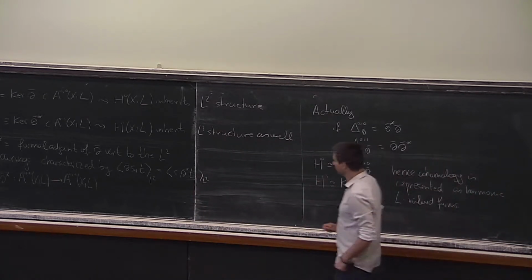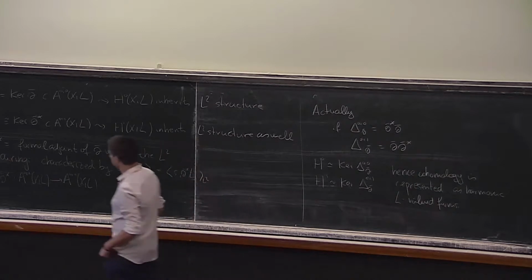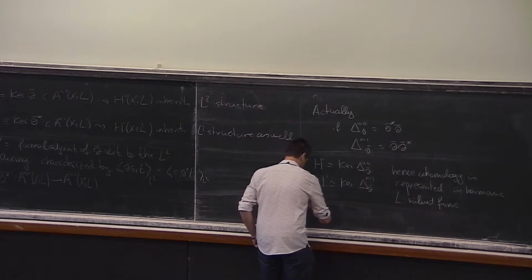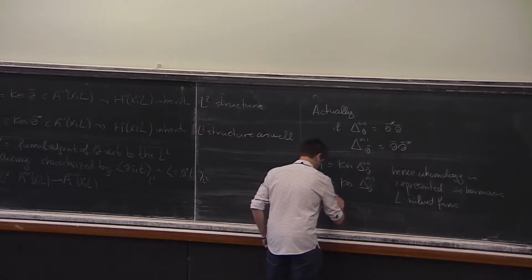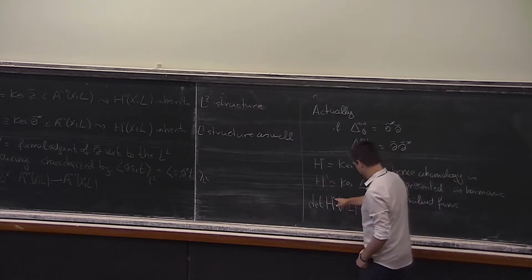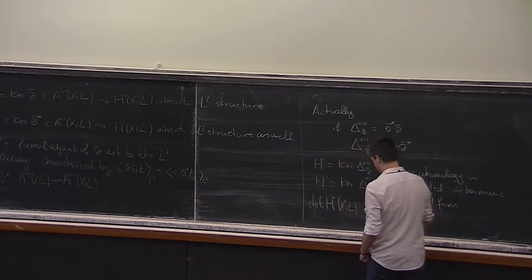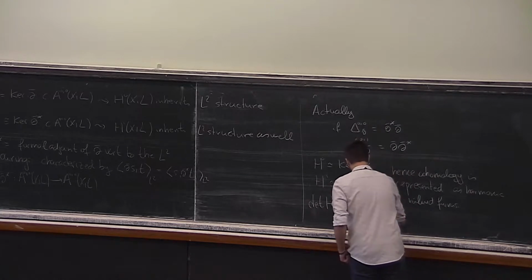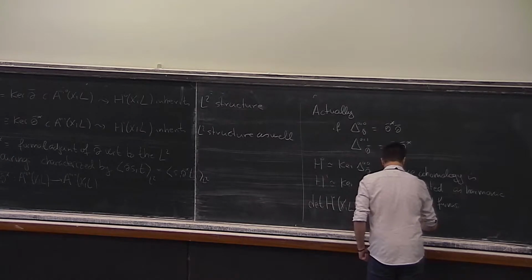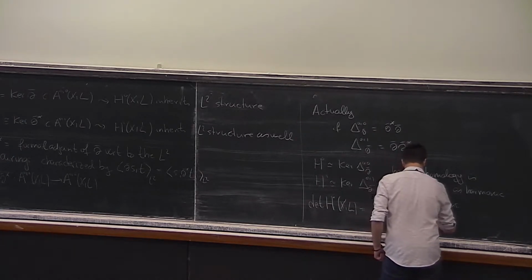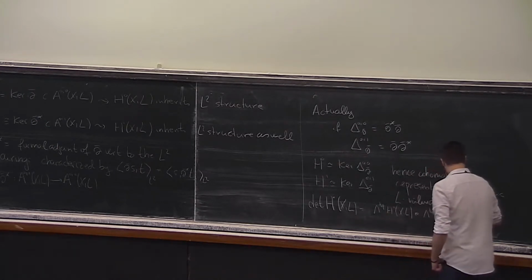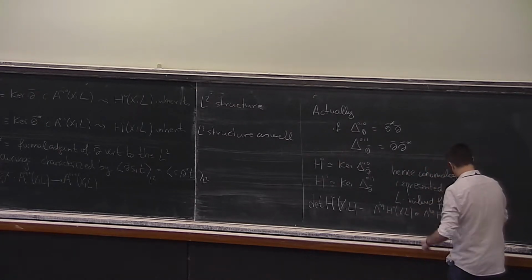So just to finish this part, I will use the following notation. The determinant of the cohomology of L is going to be the maximal exterior power of the H0 tensor the maximal exterior power of H1 dualized, or sometimes I also write it with exponent -1.